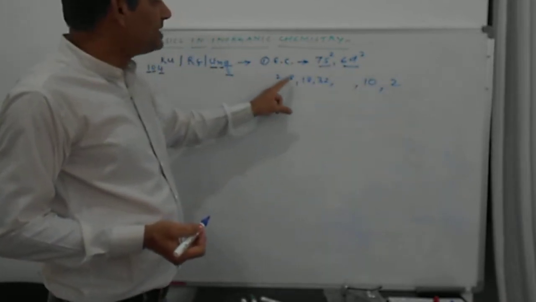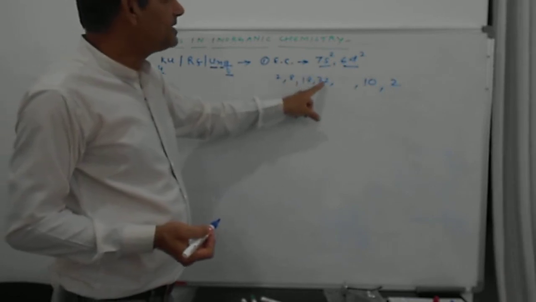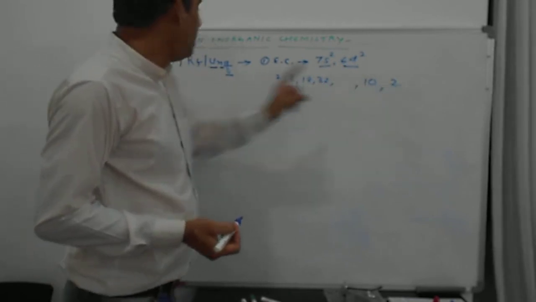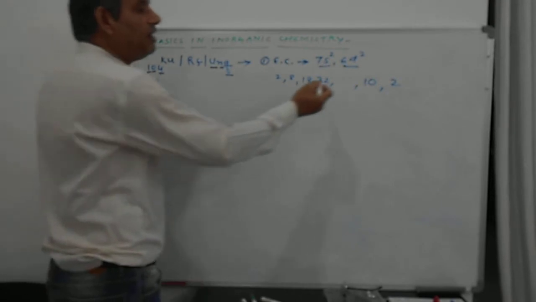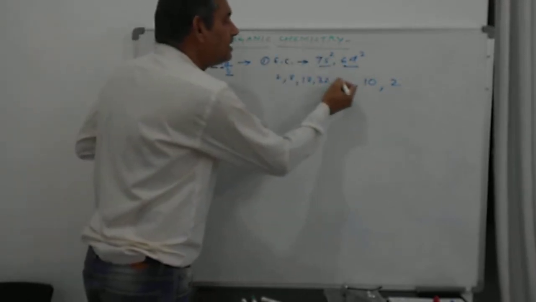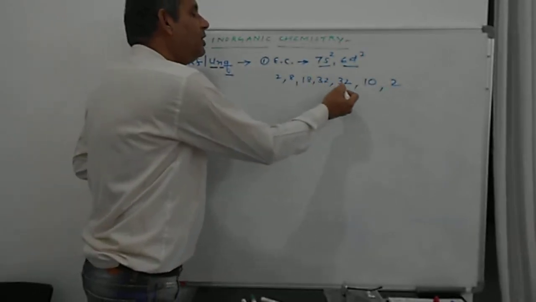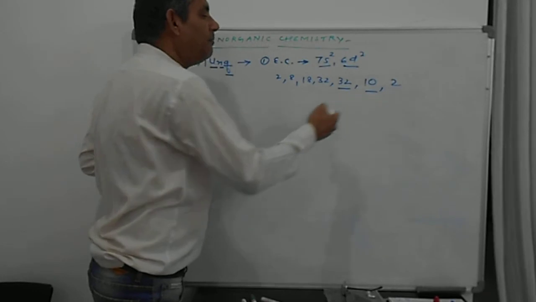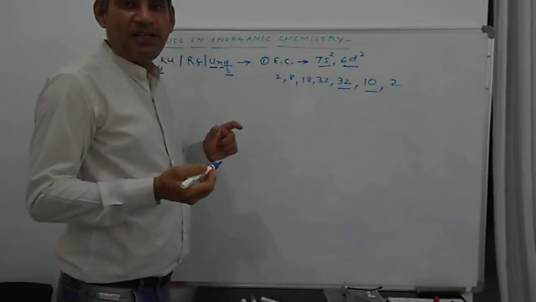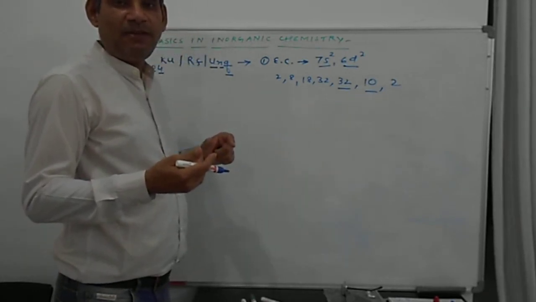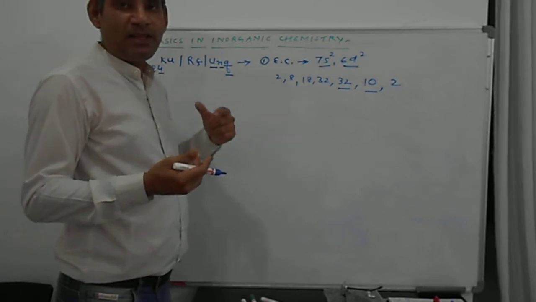Now see, 2 plus 8 is 10, 28, 60, 70, 72. Out of 104, you have written 72 here, so still 32 are missing. So in the fifth shell, 32 electrons will be there. In this way, without knowing the number of electrons in the fifth and sixth shells, that is the pre-penultimate shell and penultimate shell, we can work it out.